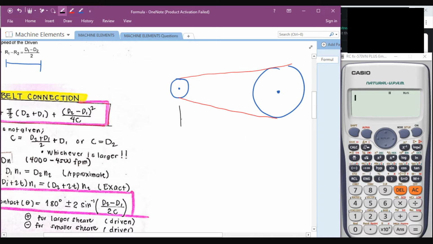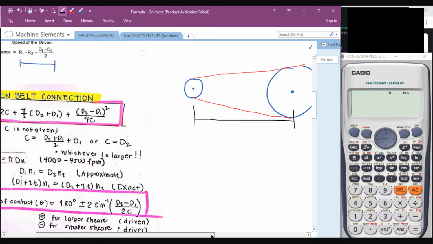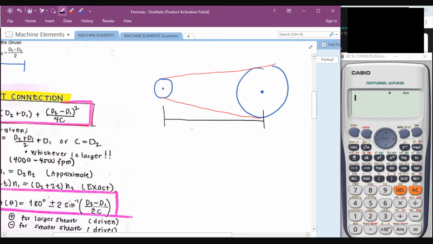Okay? Hindi ko na i-derive yung formula, pero ito na yung given formula. So, we call this the center distance. And ito, yung leather wrap niya dito, yung belt wrap niya. Pasensya na yung drawing ko, medyo magalaw kamay ko.